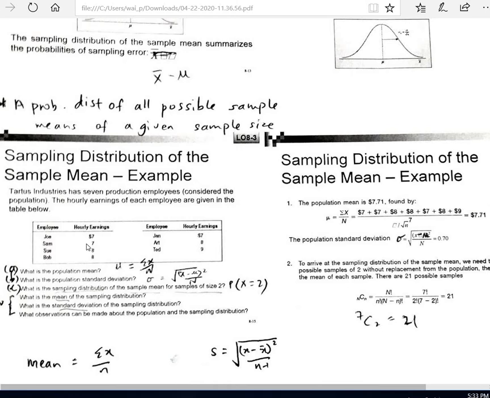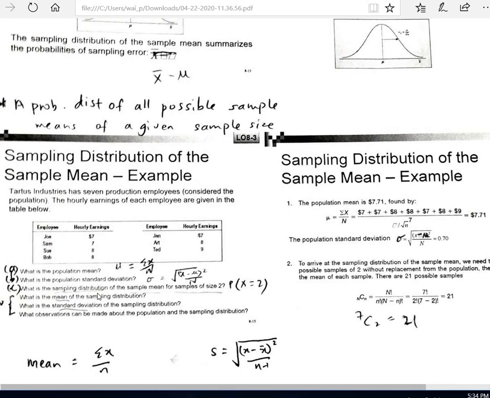So we will get standard deviation equals 7 minus 7.71 squared plus 7 minus 7.71 squared plus 8 minus the mean 7.71 squared plus 8 minus 7.71 squared plus 7 minus 7.71 squared plus 8 minus 7.71 squared plus 9 minus 7.71 squared, divided by n, which is 7. And then the square root will get 0.7.